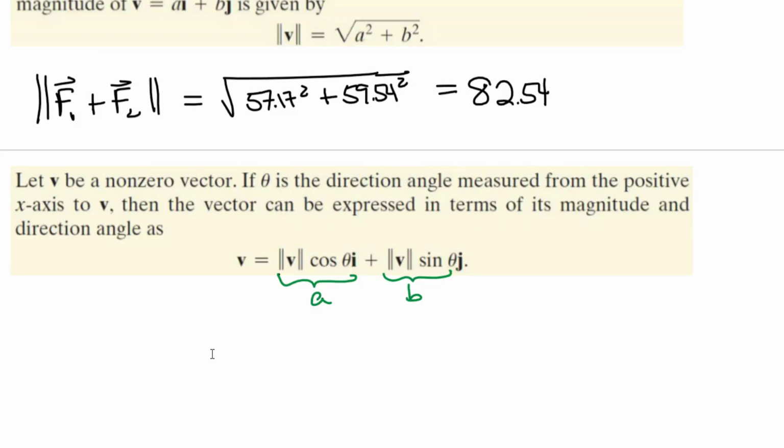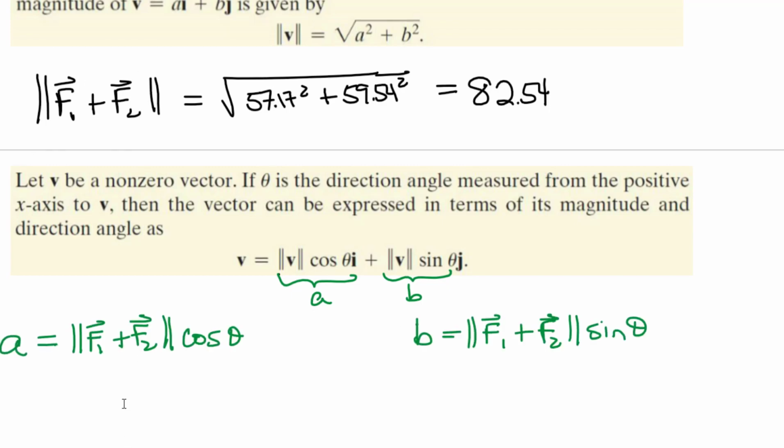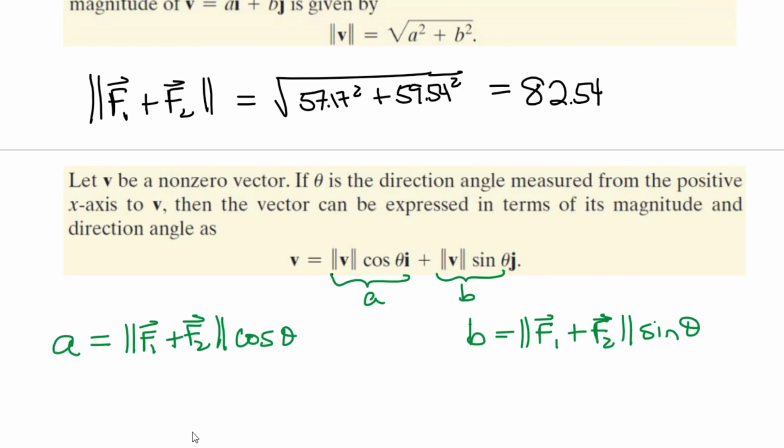Now, to find theta, we're going to use this other form of the vector. We're going to use our knowledge that a is the norm of the vector times cosine theta, and b is the norm of the vector times sine theta. So in this case, a would be equal to the magnitude of F1 plus F2 times the cosine of the angle theta that the resultant force forms with the x-axis, and b would be the magnitude of F1 plus F2 times the sine of theta.